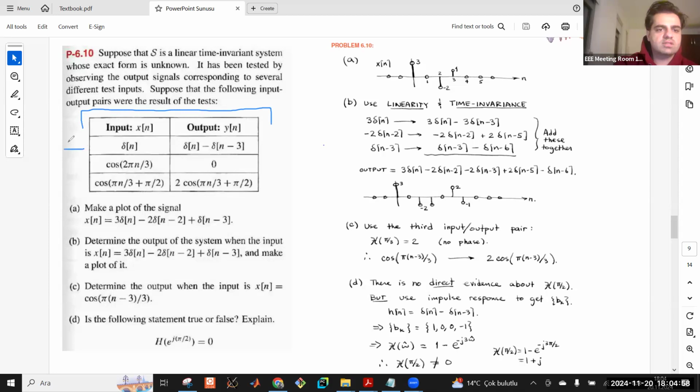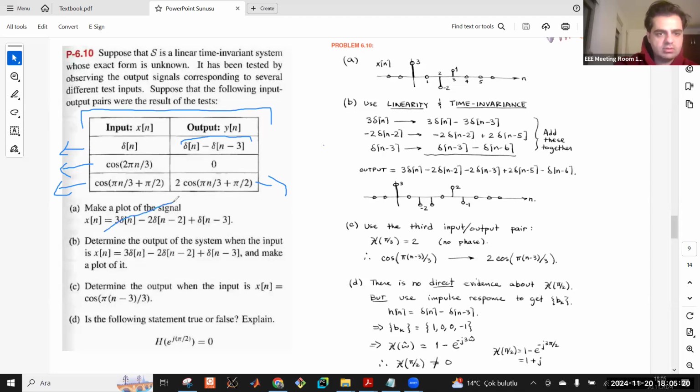In the first observation, if the input to this signal is delta n, the output will be this value. If the input is this cosine term, output is 0, and if the input is this cosine term, the output will be this value. By using these three observations, we will solve the following questions.